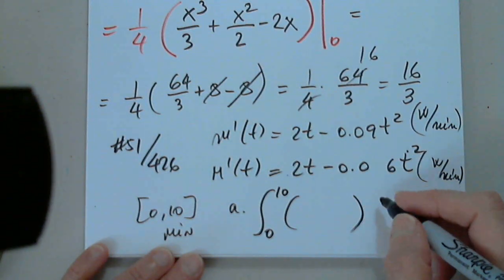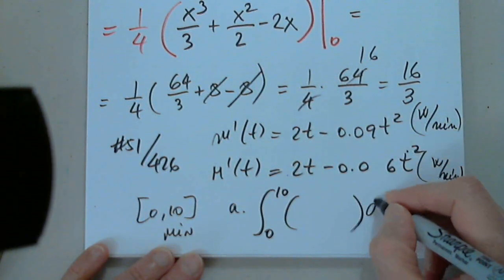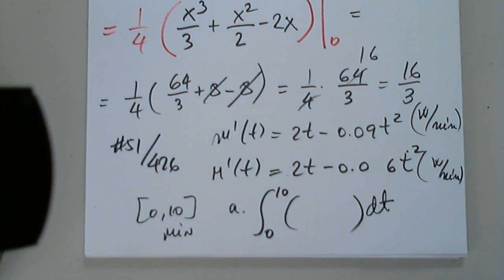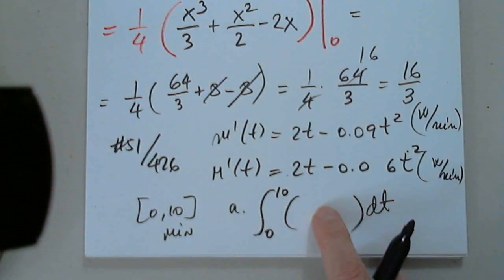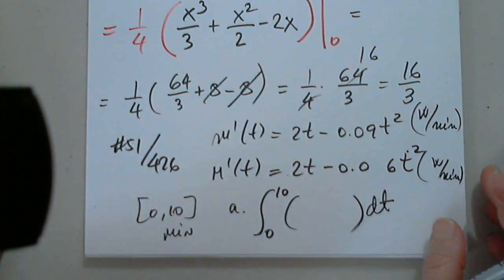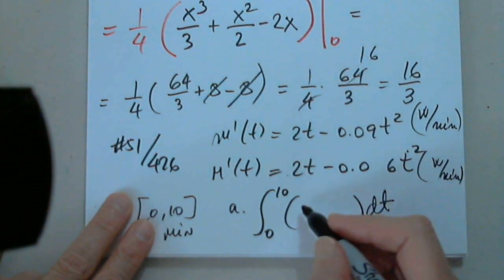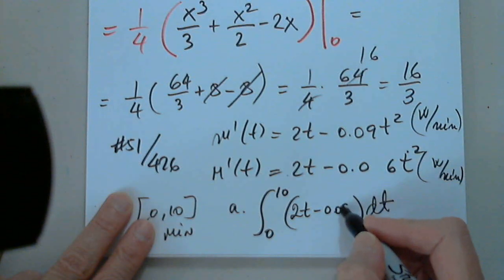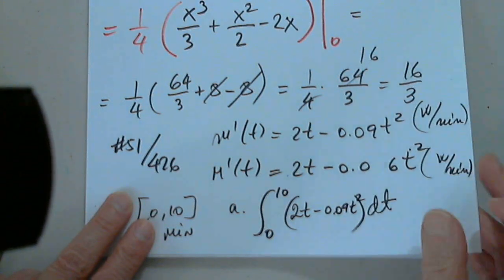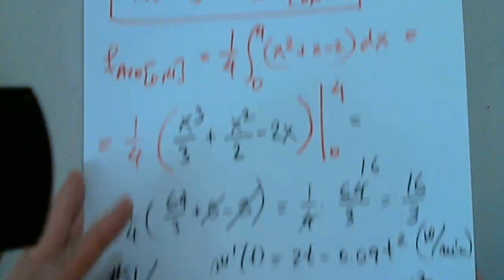I cannot write dx because the function has t, so now I have to write dt. What do I write in here? 2t minus 0.09t squared. Awesome.